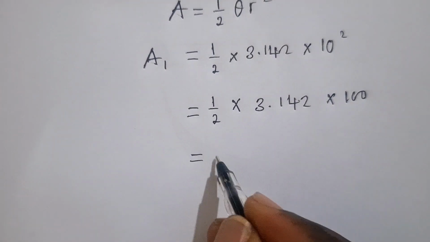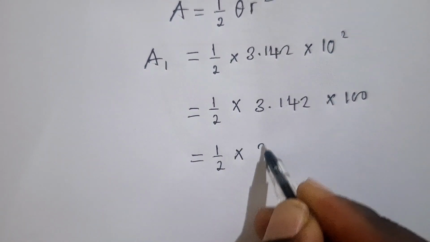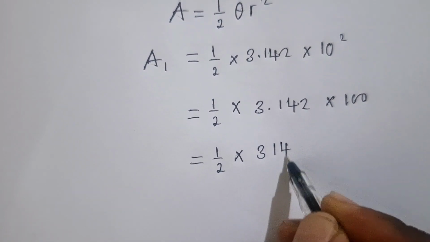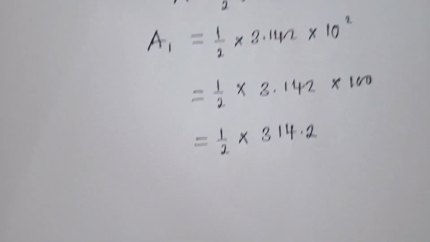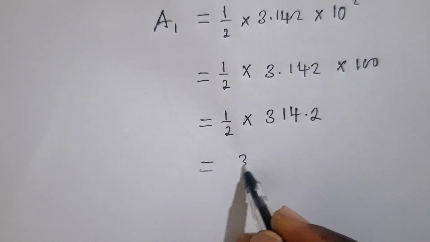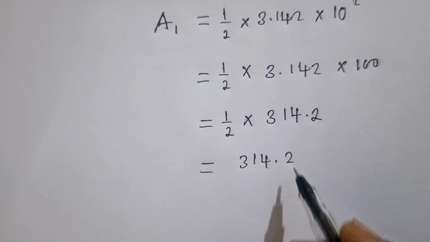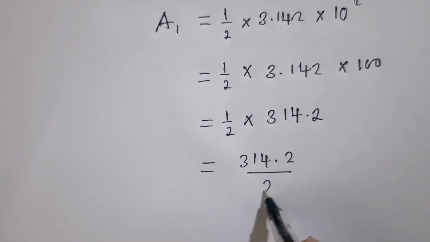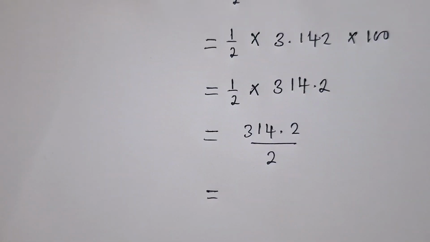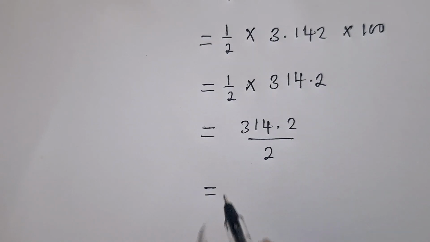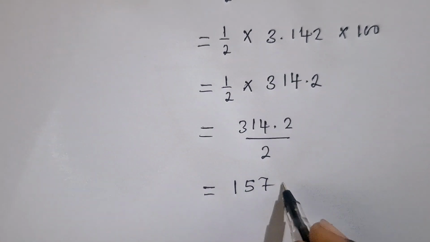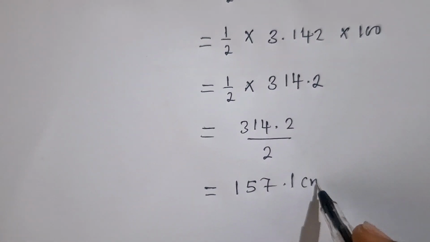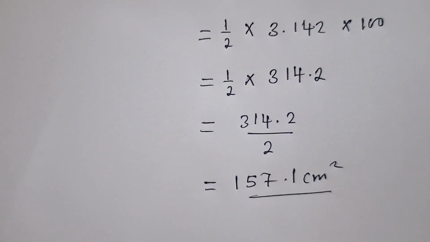When we simplify, 1 over 2 times 314.2, we multiply these two, so it will be 314.2 over 2. When we punch 314.2 divided by 2, this gives us 157.1 centimeters squared. That's area 1.